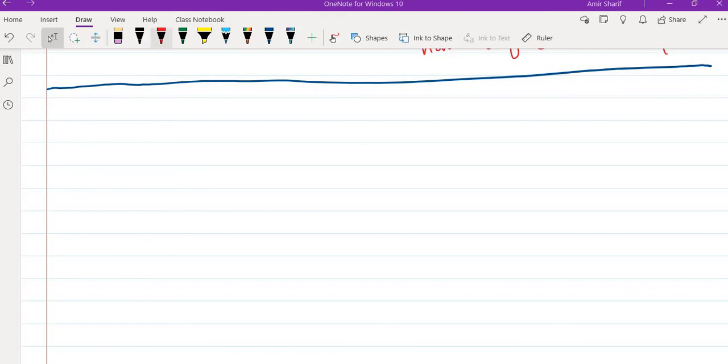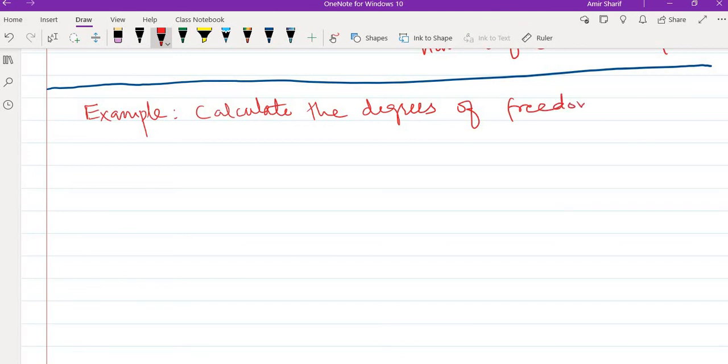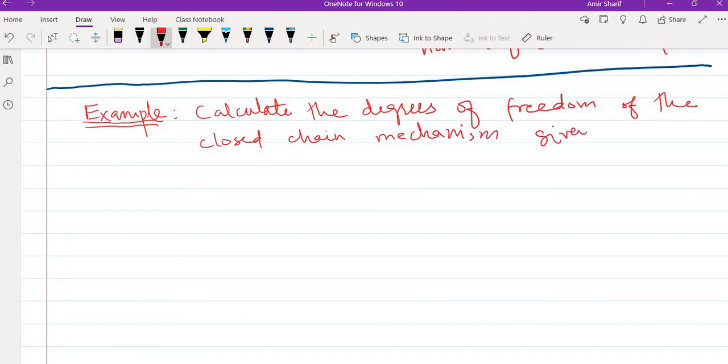So in this case, calculate the degrees of freedom of the closed chain mechanism given in the figure below.